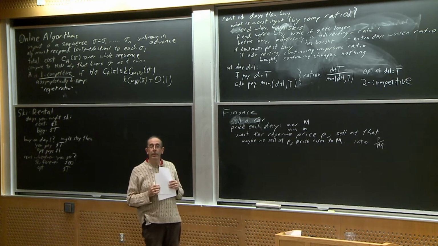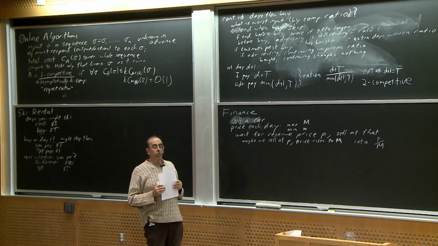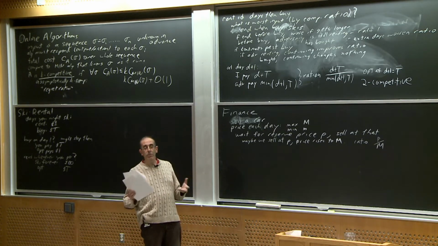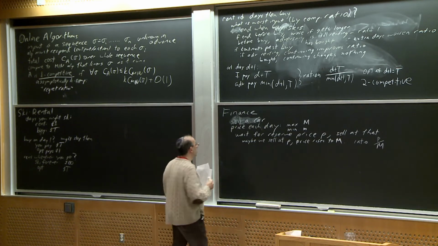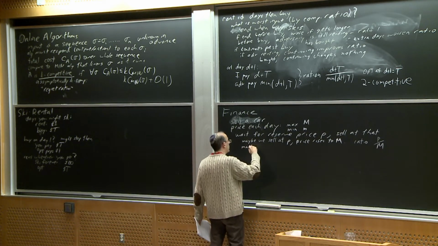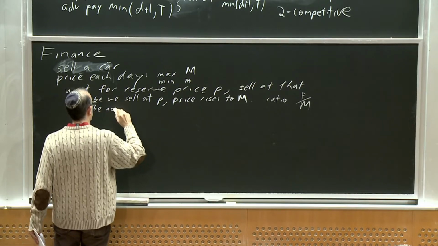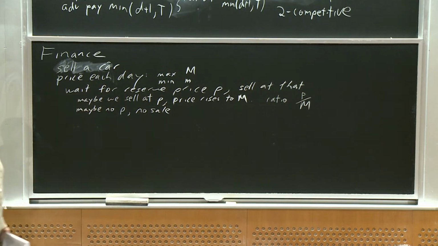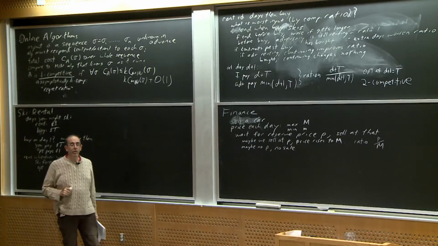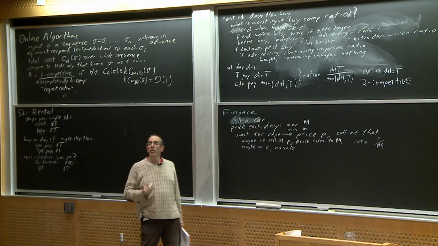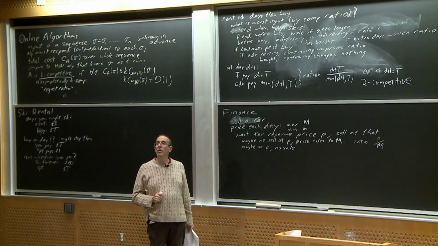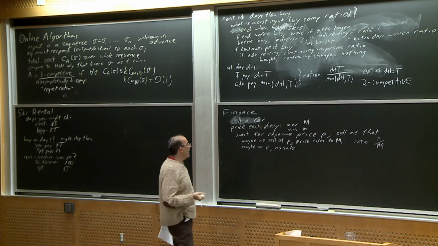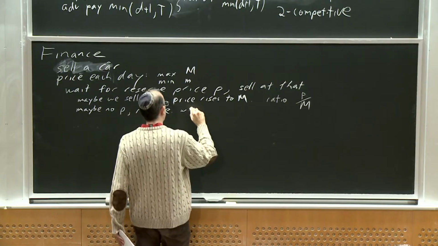Yeah? Price never gets to P. So if the price never gets to P, that means we don't sell, right? So what would be the worst case outcome of our not selling? Lowercase m. Yeah, we sell at m.